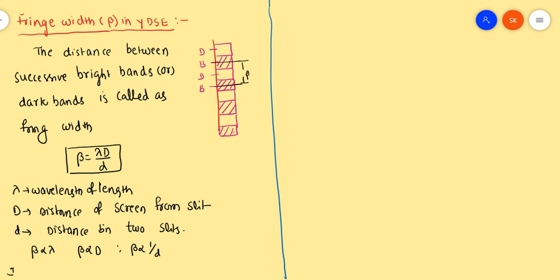For example, how can we increase beta? If lambda increases, beta increases because they are directly proportional. If capital D increases, then also beta increases.